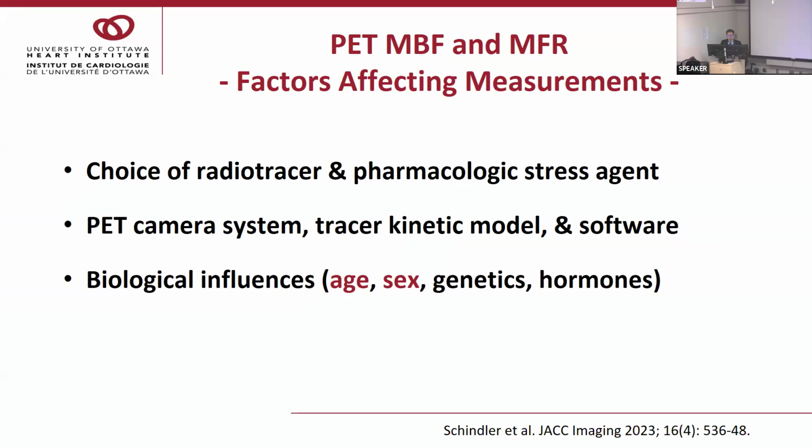We need to consider the radiotracer, the pharmacologic stress agent, and the PET system, as well as the post-processing software. We also know that biological variables such as age, sex, and genetics can change flow values.